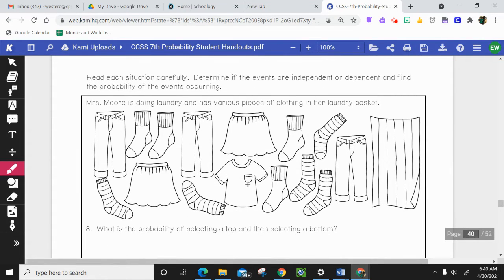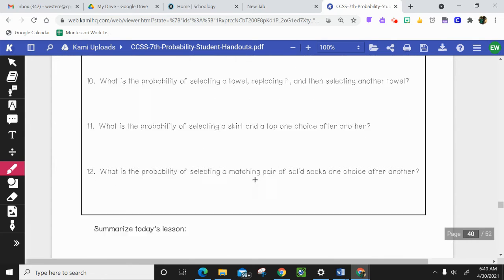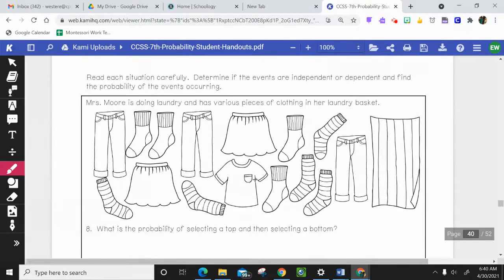So read each situation carefully. Determine if the events are independent or dependent, and find the probability of the events occurring. Okay? So we are going to be looking at this set of clothing. So the first thing I see are a few sets of pants, a couple skirts, one shirt, beach towel, lots of socks, or maybe that's a bath towel, and that is her laundry basket.